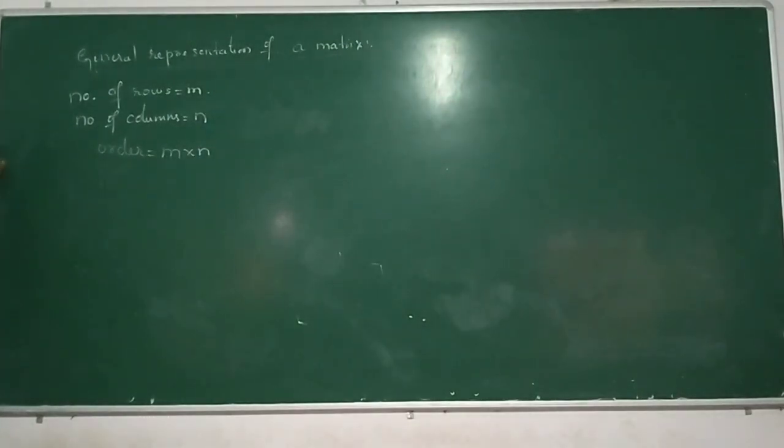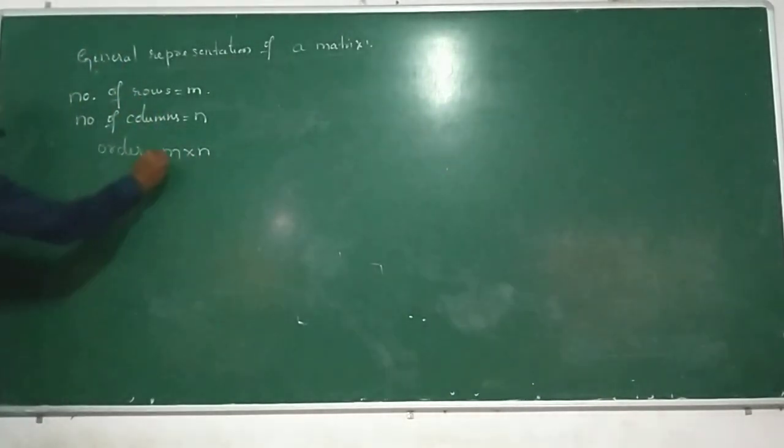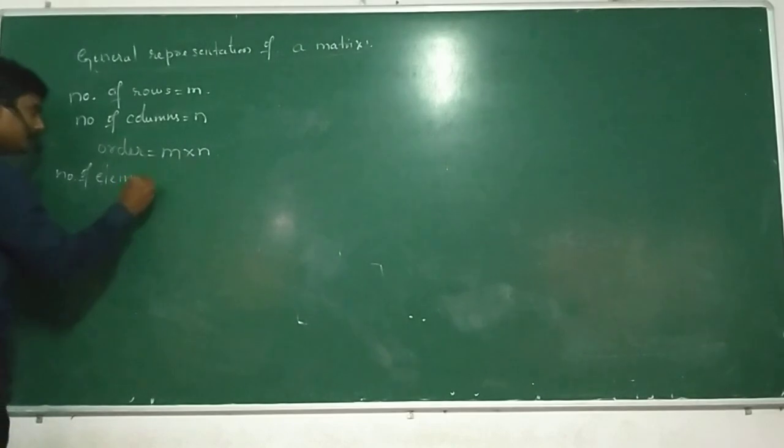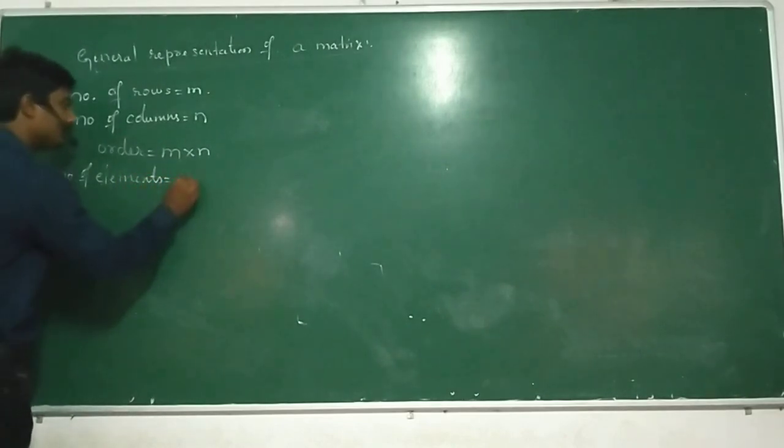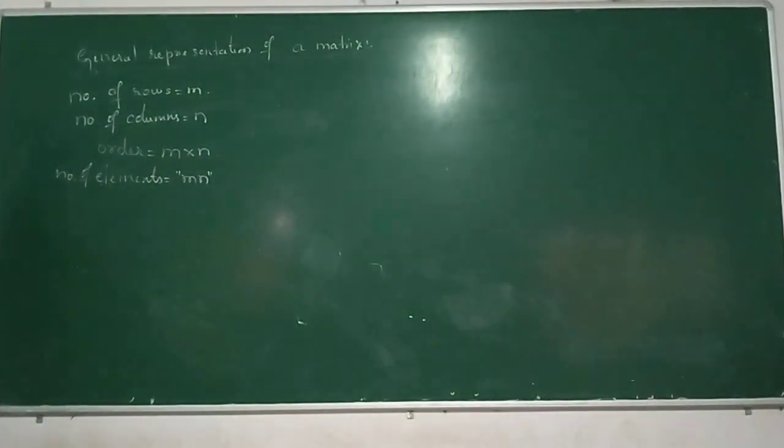When the order of the matrix is m by n, the number of elements in that matrix will be equal to m into n. So mn elements will be present in that matrix whose order is m by n.